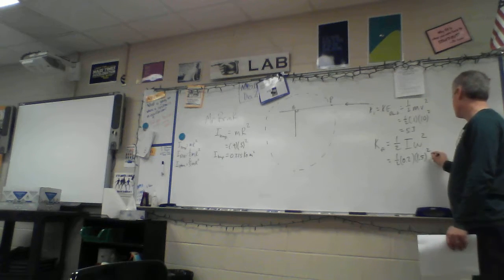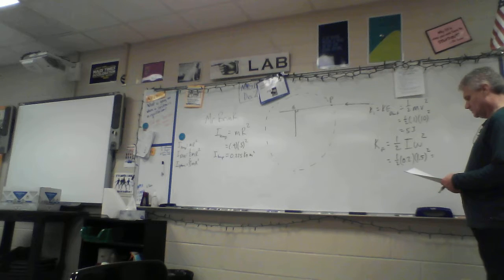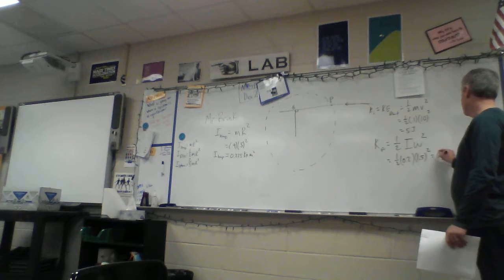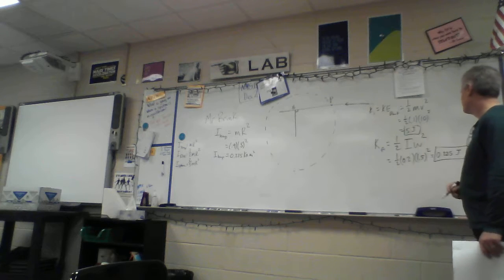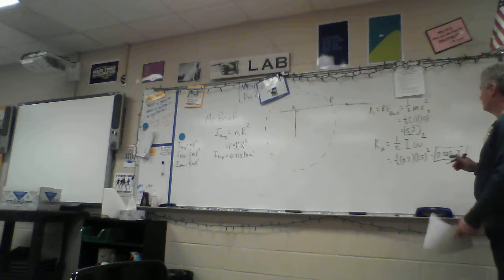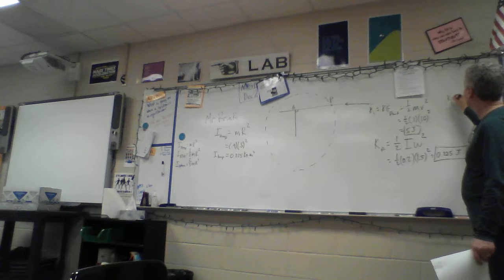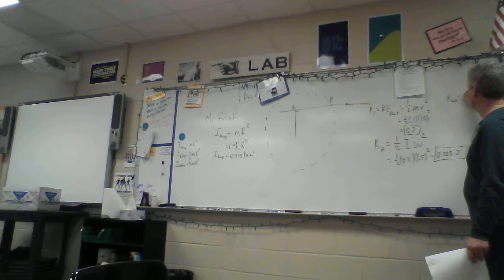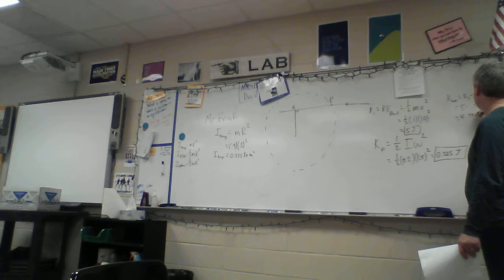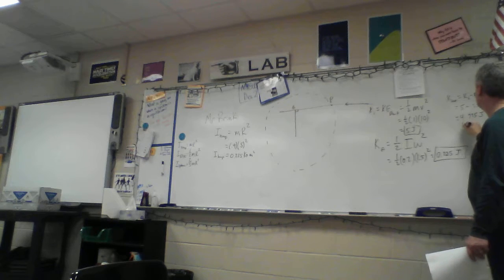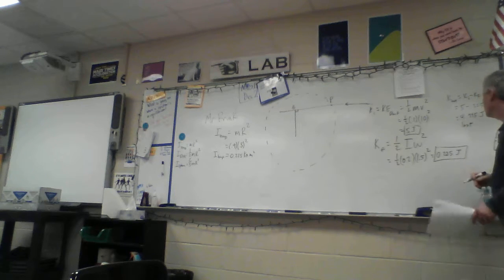You have to square that. Plug that in a calculator, get 0.225 joules. Obviously the amount lost to other forms is K initial minus K final. So 5 minus 0.225 is 4.775 joules. That was lost.